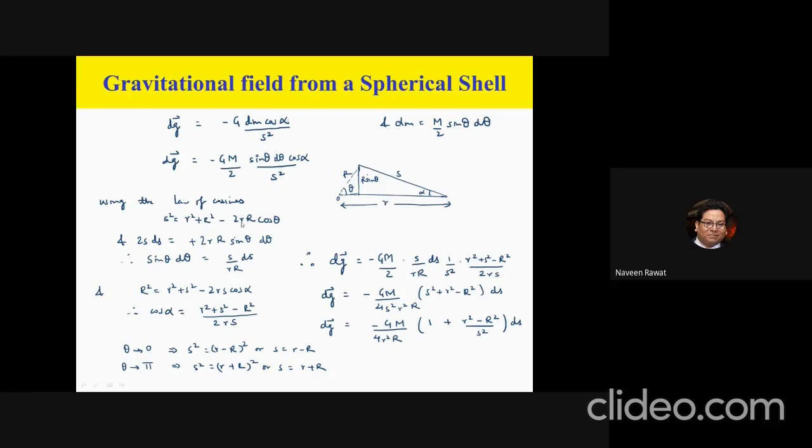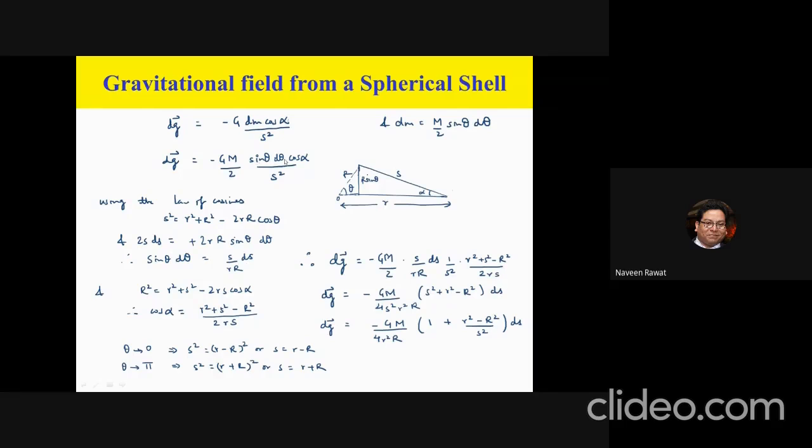Whatever remains is the last term, minus 2 small r capital R, and when I take the derivative of cos of the angle, I get minus sine theta d theta, and the minus will become plus. So I get sine theta d theta will be s by small r capital R times ds. So that is my one expression.